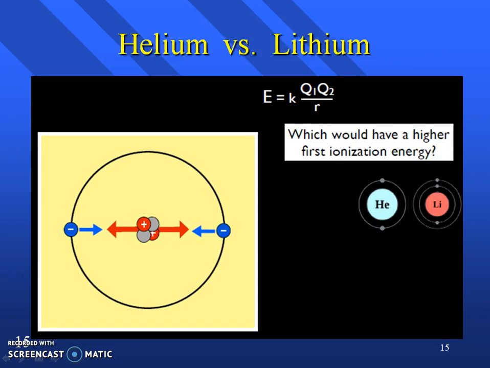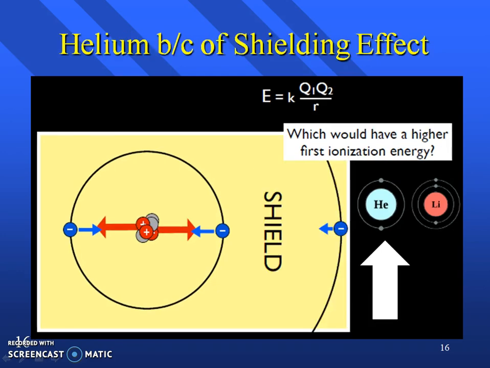So then he said, well, how about helium and lithium? Well, now it's called the shielding effect. Helium is going to have a higher first ionization energy because of valence electrons versus core electrons. For lithium, we have 2 electrons in the core on the inside and 1 electron, the valence electron, on the outside.